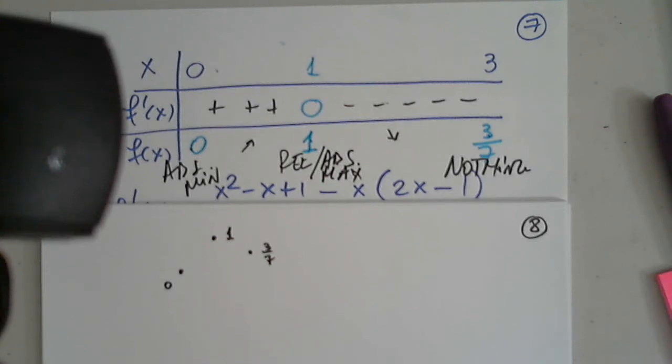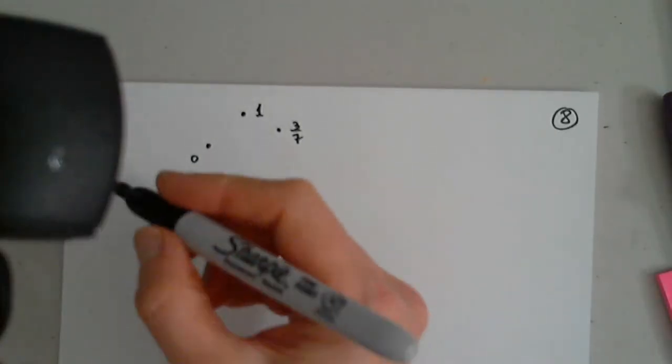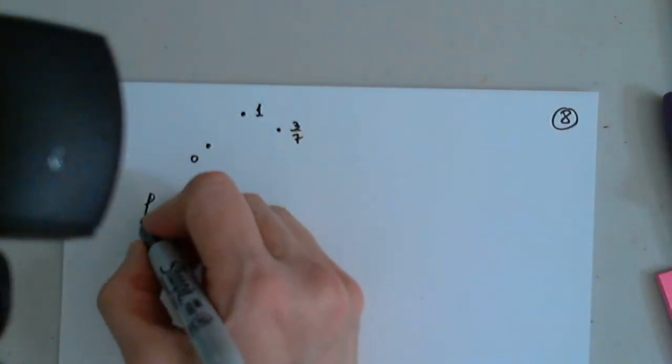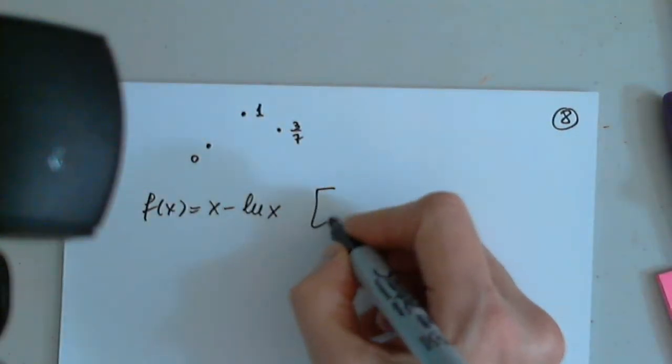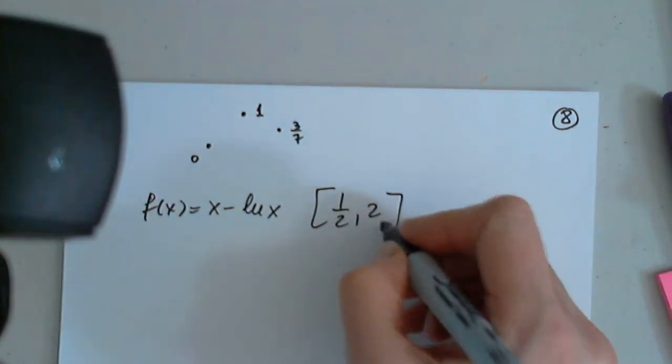Would you like to look at a log function? Yes. Okay, very good. I'm looking at 2 different ones. I'm going to copy both and you will choose. One of them with a log is f of x equals x minus natural log x on 1/2, 2.